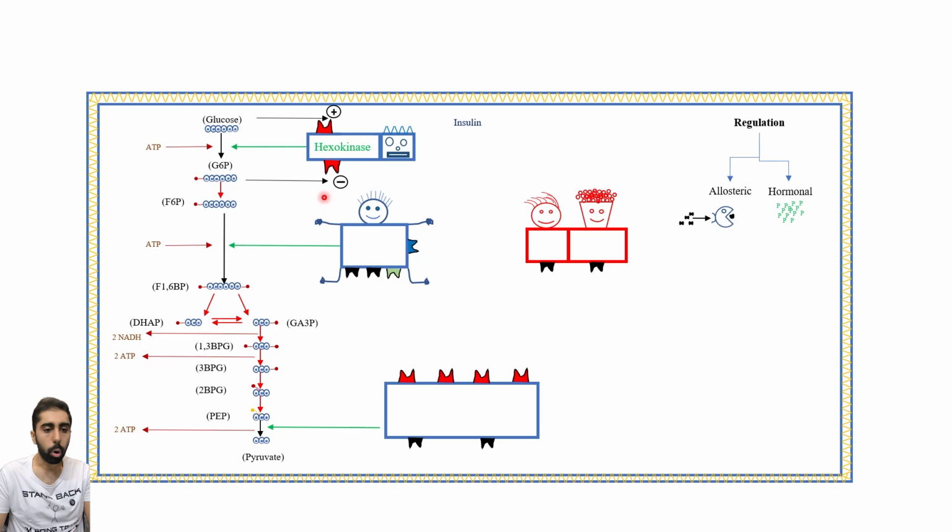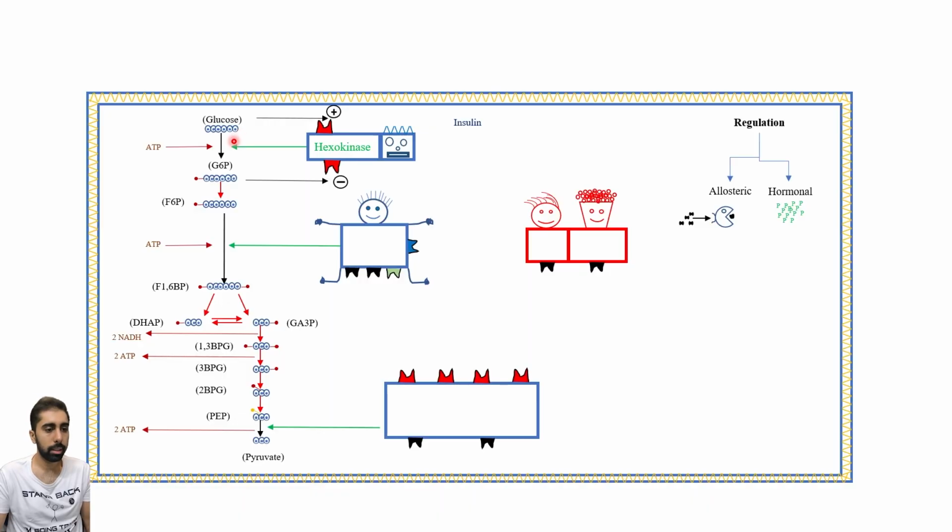Let's talk about hormonal regulation. We have insulin. What does insulin do? The main role of insulin is to bring glucose into the cells. For example, if we have vessels here, insulin helps glucose to be imported into the cell. So when insulin imports glucose into the cell, glucose increases.